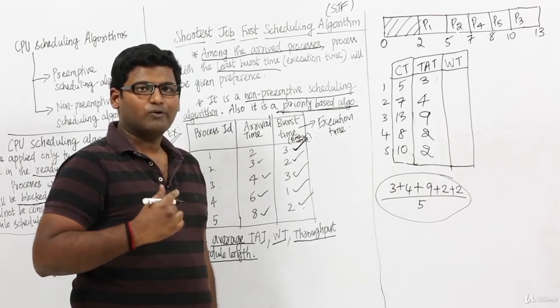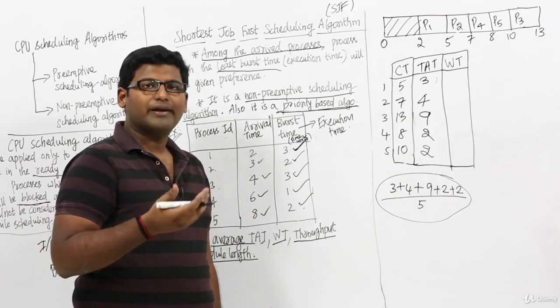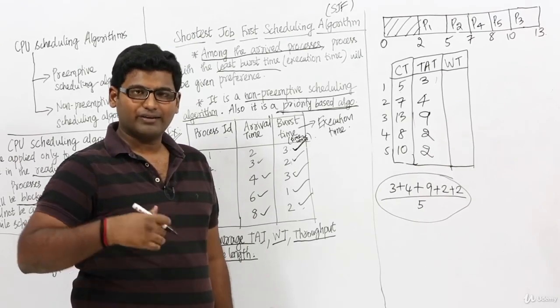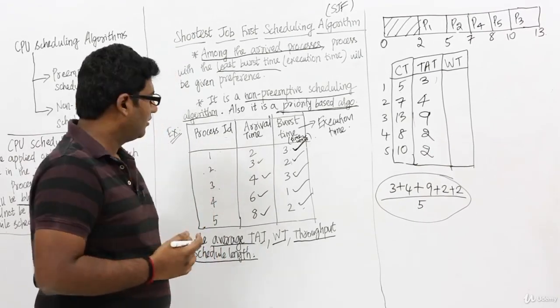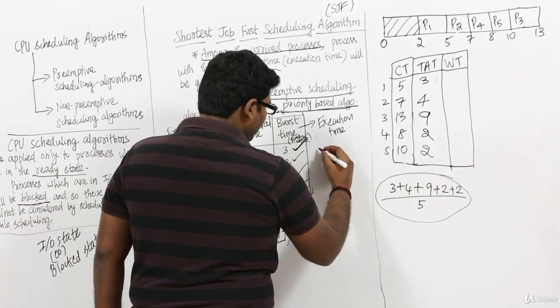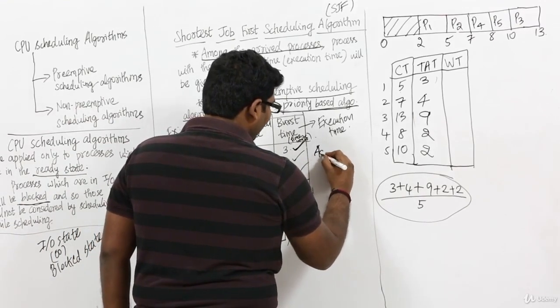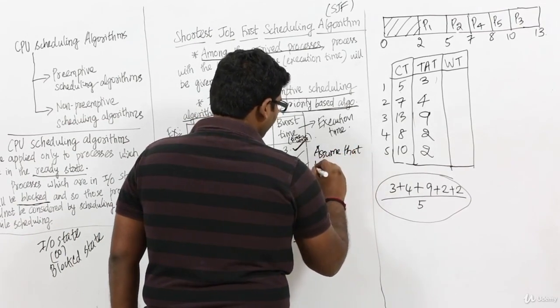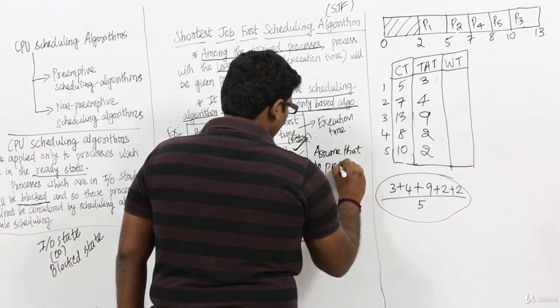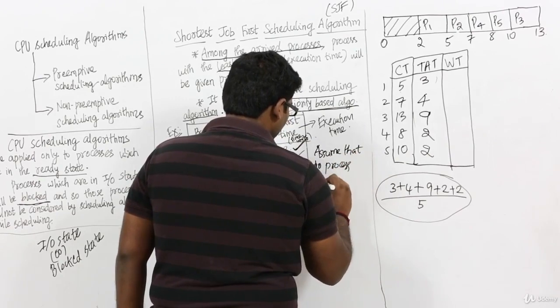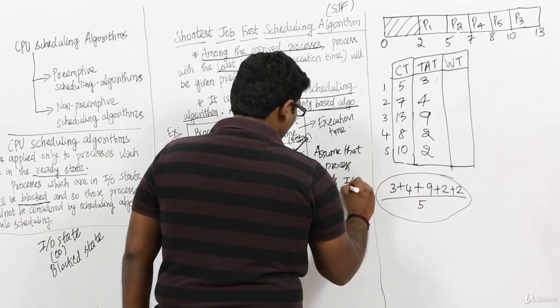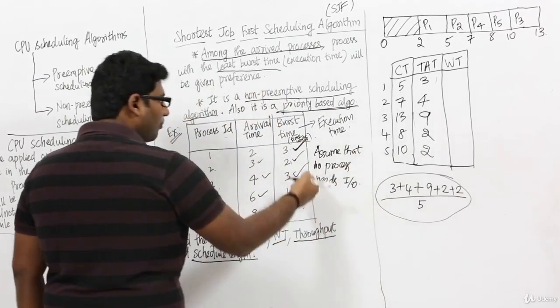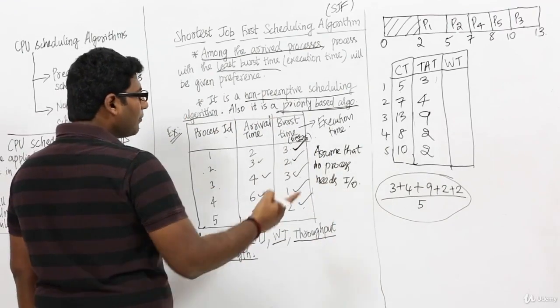No process needs to read anything from any IO device. That is our assumption for this problem. Please write it down: assume that no process needs IO. This is part of our problem. Now let's compute the waiting time.